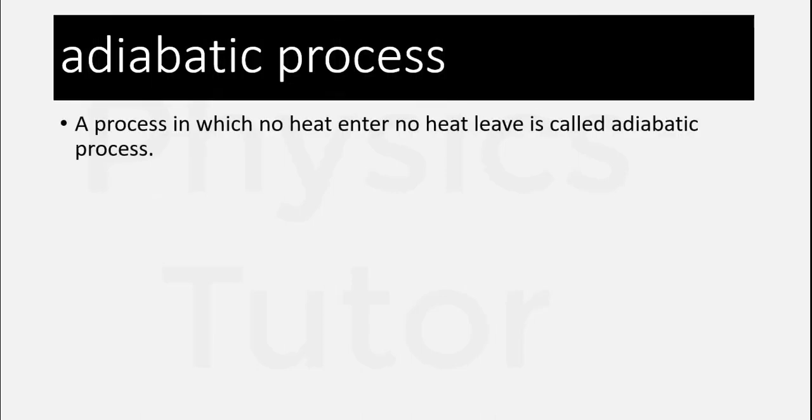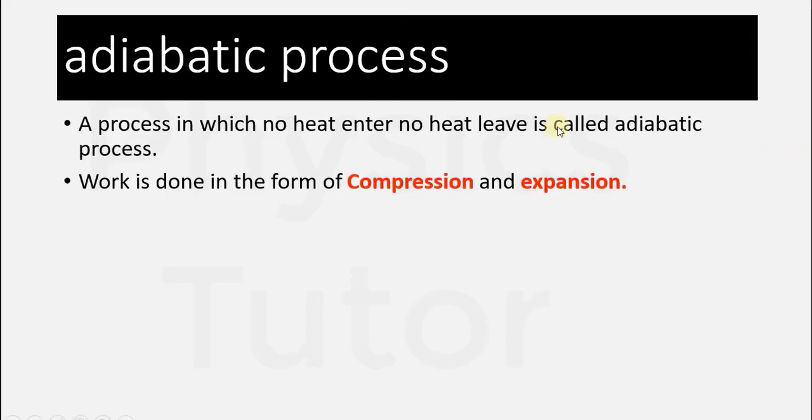Our next process is the adiabatic process. In this process, no heat enters and no heat leaves. Then how does this process work? It works on compression and expansion. In a simple example, you have a tire: the burst of a tire shows expansion, and in the same case you have a compression process.